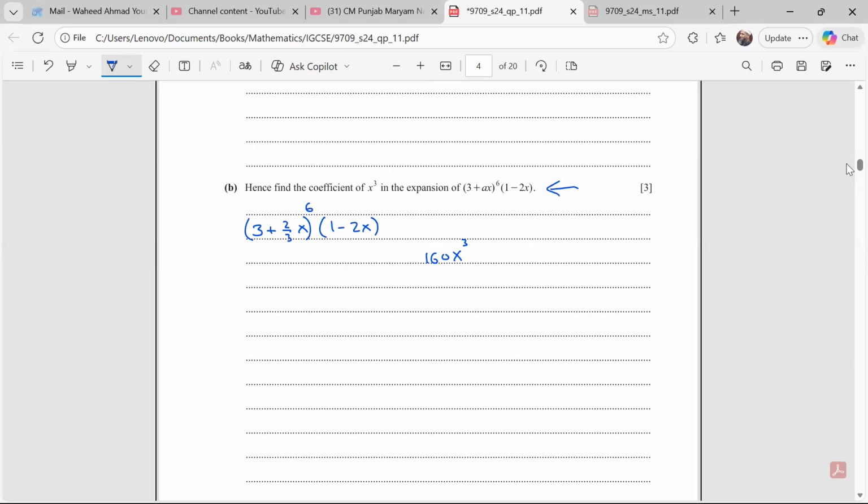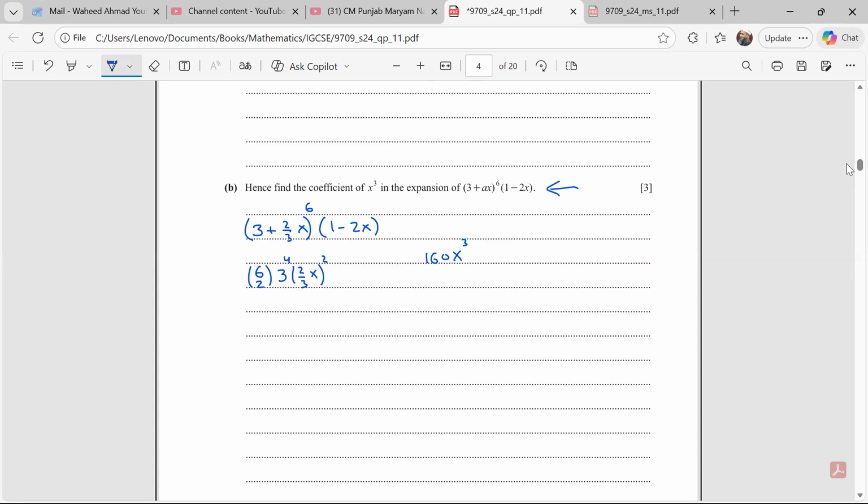Now the next term which has x^2 in it, when that multiplies with -2x, will give me x^3 again. So now I have to find the term which has x^2 in it, and that would be 6C2, 3^(6-2), which is 3^4, and ((2/3)x)^2.